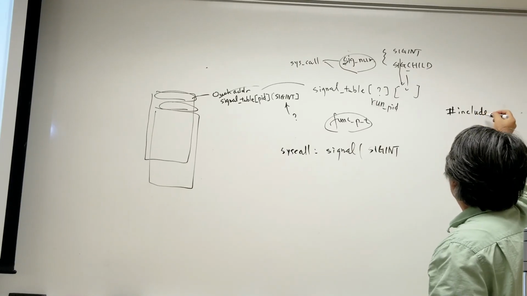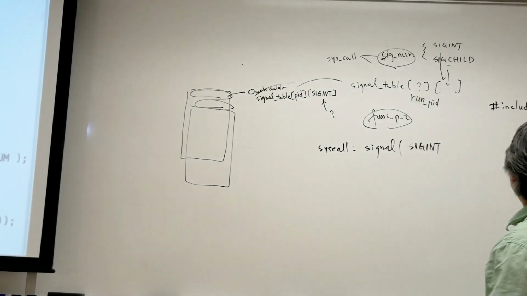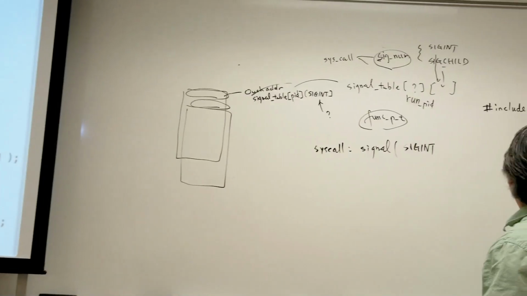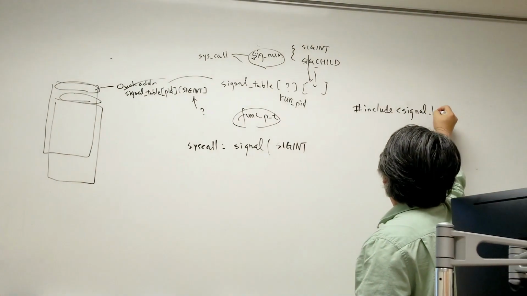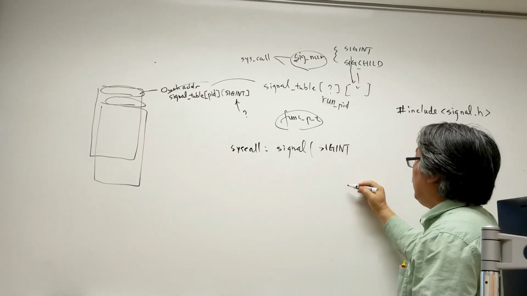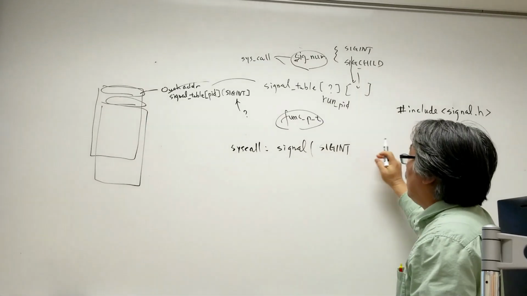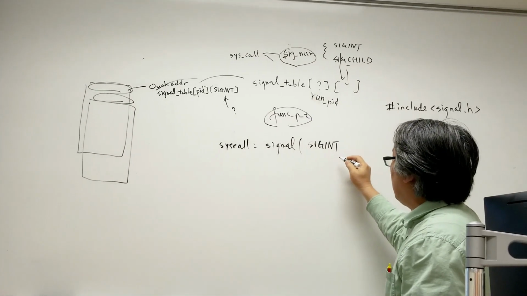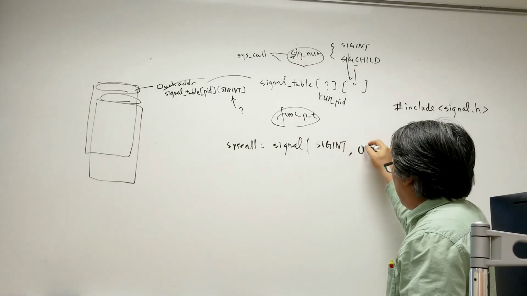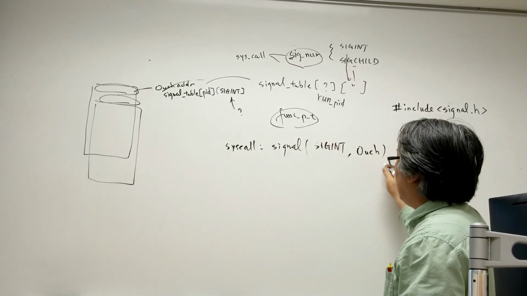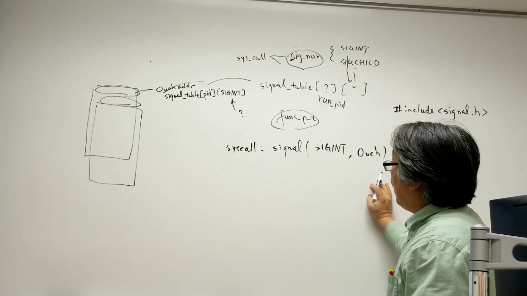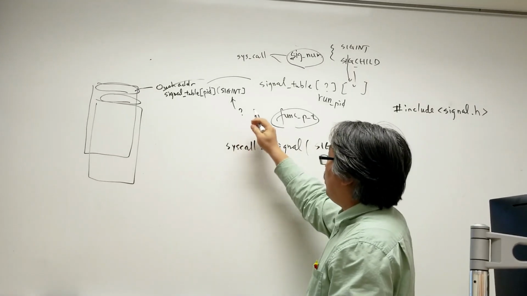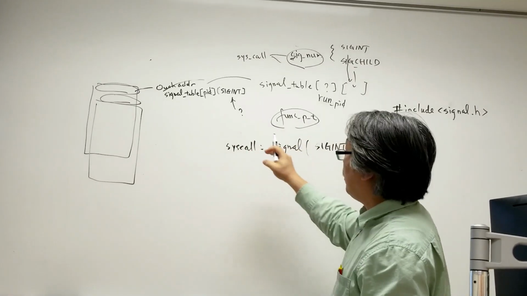If you program C code of ATOS, you include signal.h, which defines these constants, so the user process can include them. You can use it. Include this prototype, include this constant. So we put the ouch here, the user process, that is the user request. Okay.